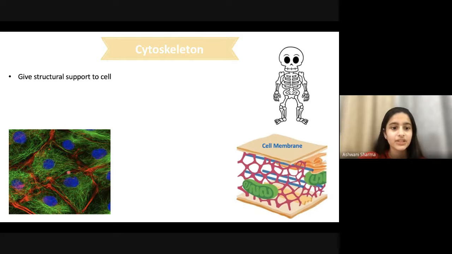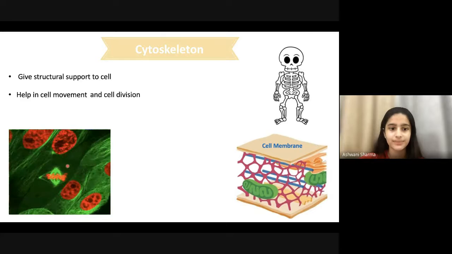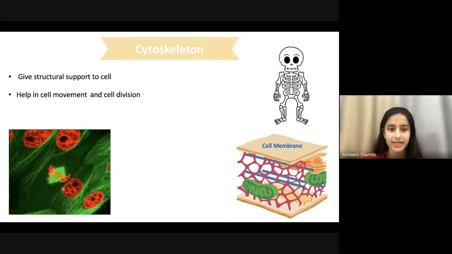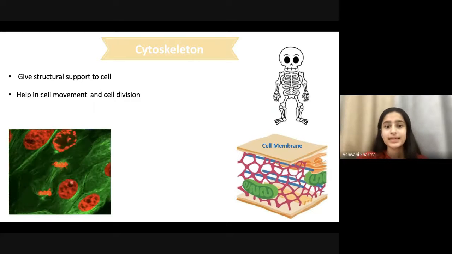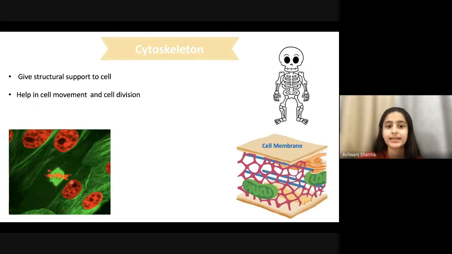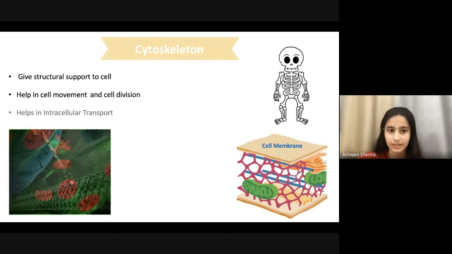In this image, all of the green strings that you can see, that is the cell's cytoskeleton. The cytoskeleton helps in cell movement and it also helps in cell division, as you can see in this image over here. The cytoskeleton also helps in another thing called intracellular transport.